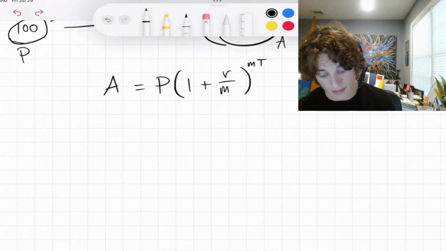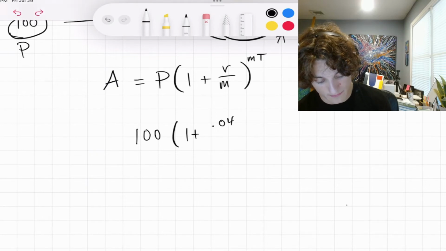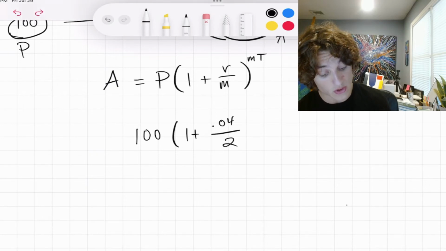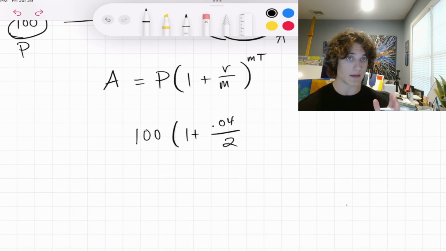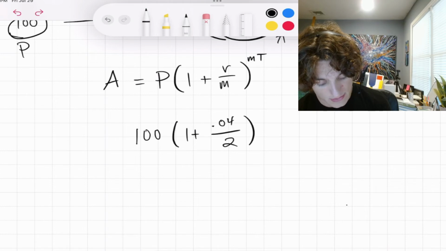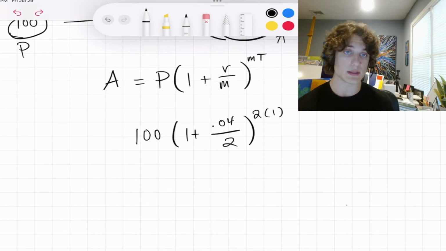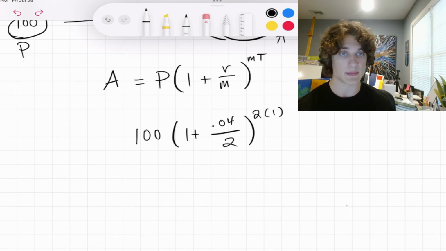Analytically, what this would look like is we would have $100 times 1 plus 0.04 divided by 2, where we have two compounding periods throughout the life of this particular investment. And we are going to raise this to the 2 times 1, where once again 2 is the compound frequency and 1 is the investment horizon.